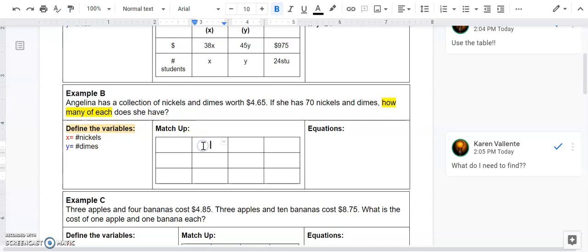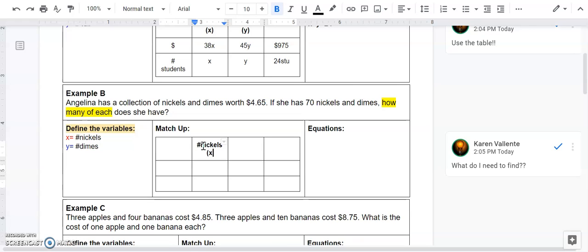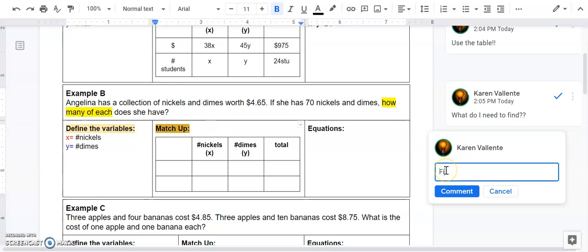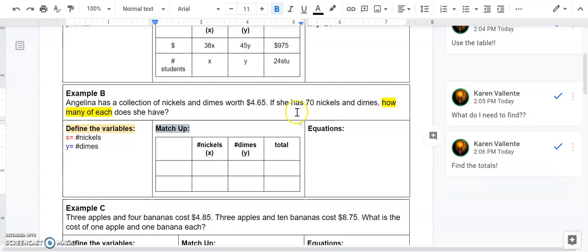Okay, so I'm going to fill in my table. And that third column is always my total. Okay, so remember when we get here to the matchup, find the totals first. Okay, so we're going to go look, find the totals.